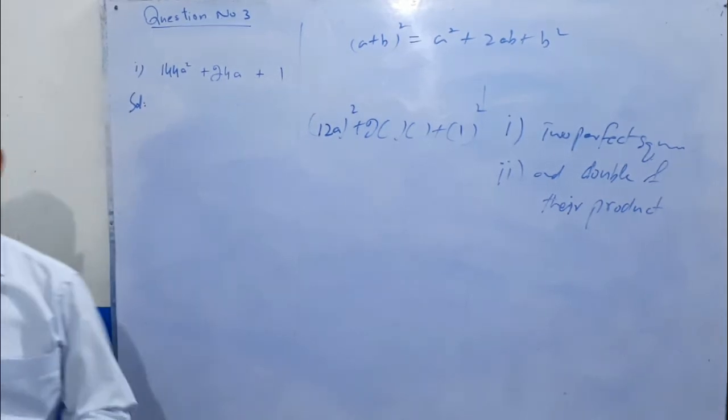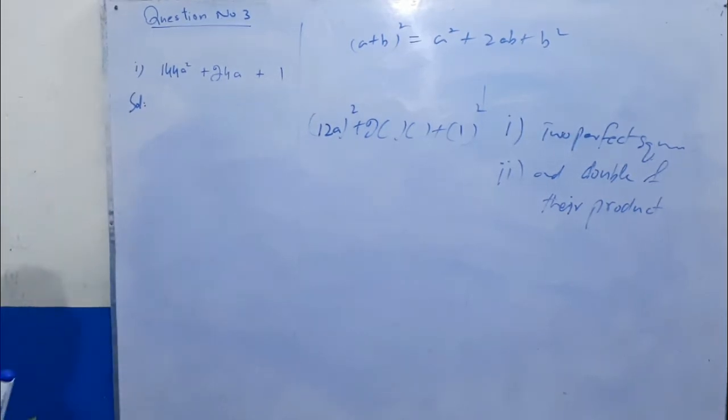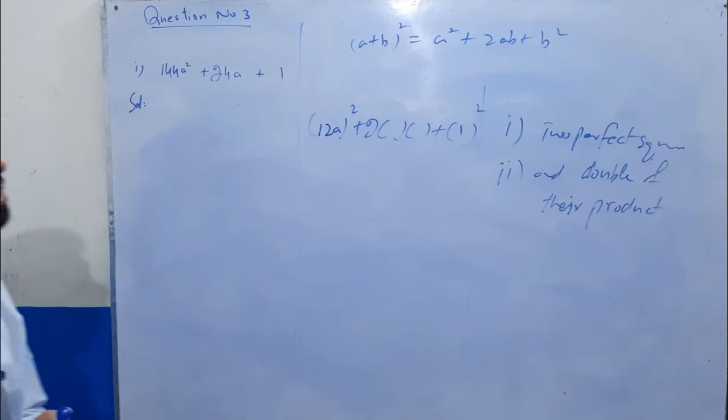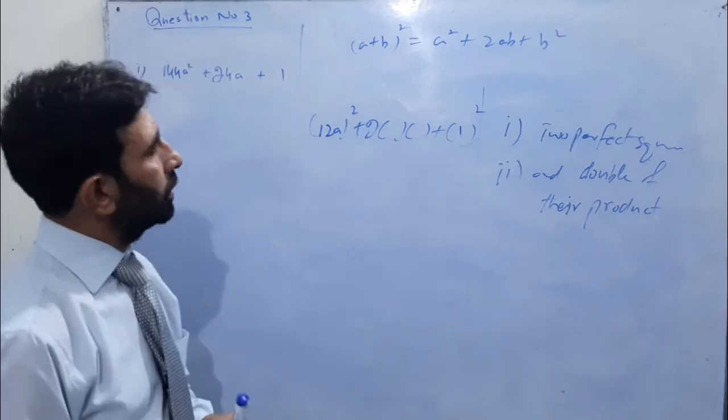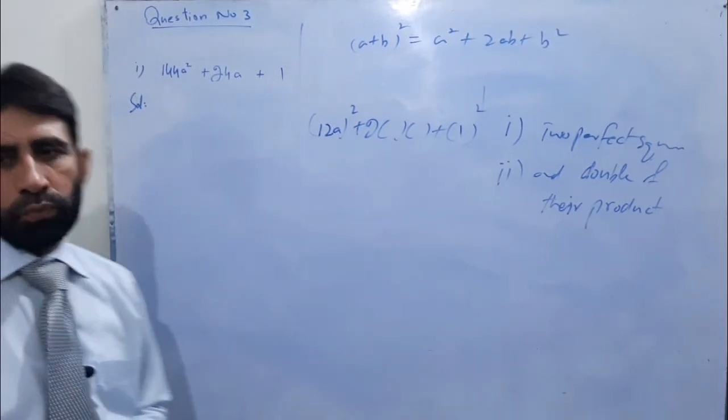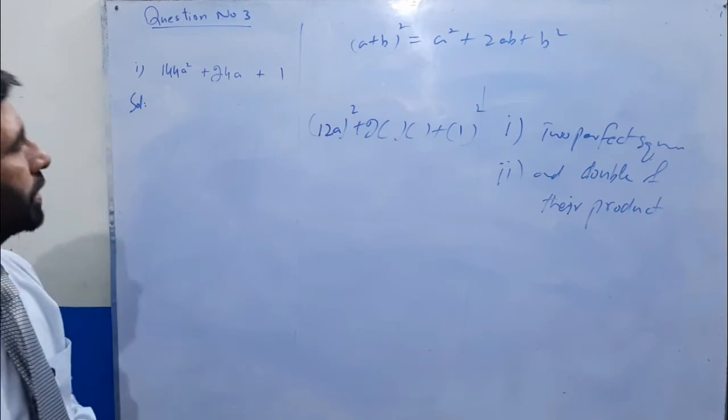Two conditions must be fulfilled to apply the first identity. 2 perfect squares must be given and double of their product should also be given. If these 2 conditions are fulfilled, then you can apply the first identity.